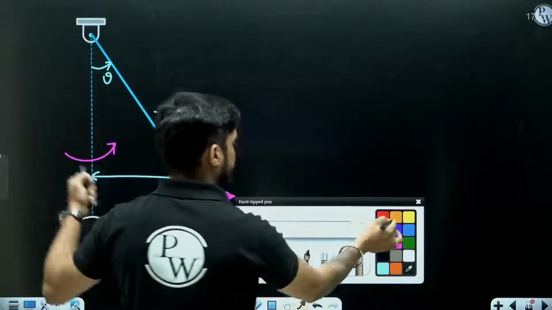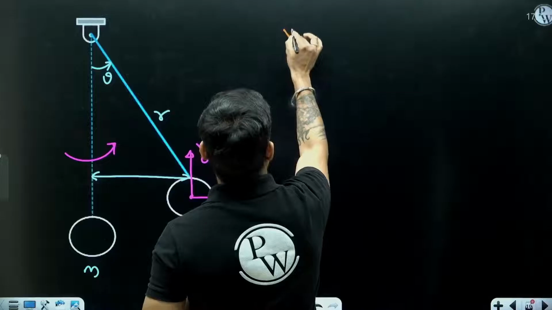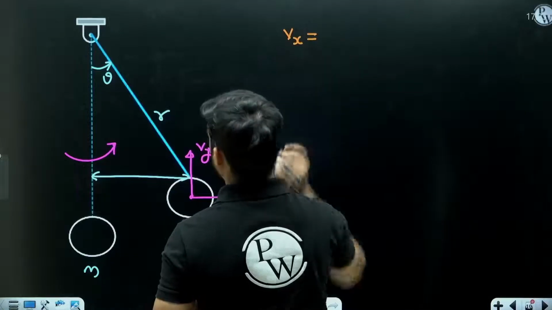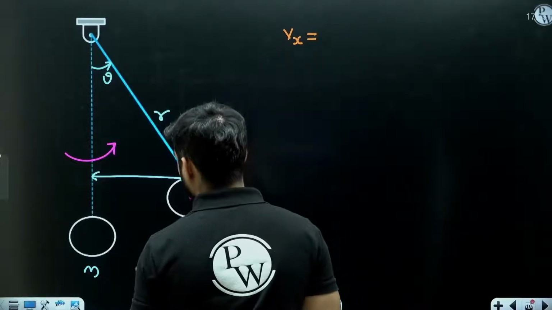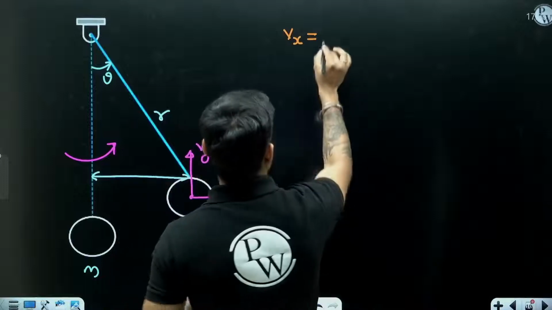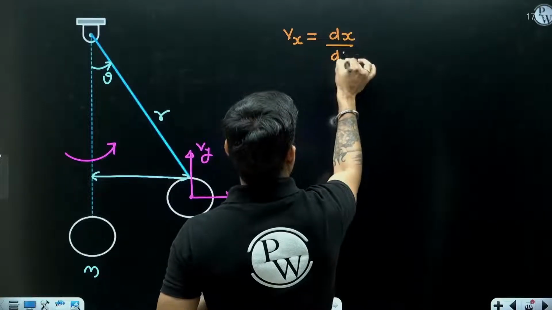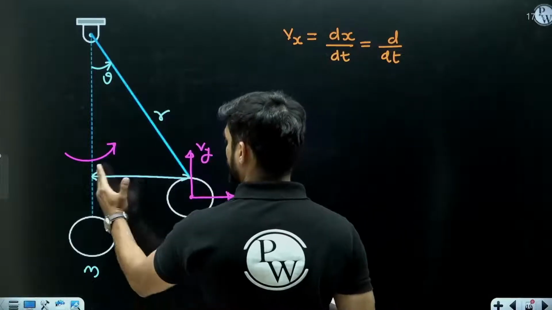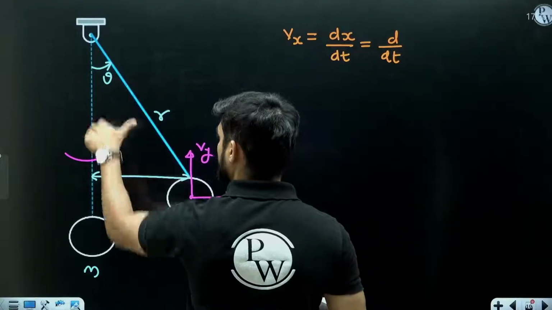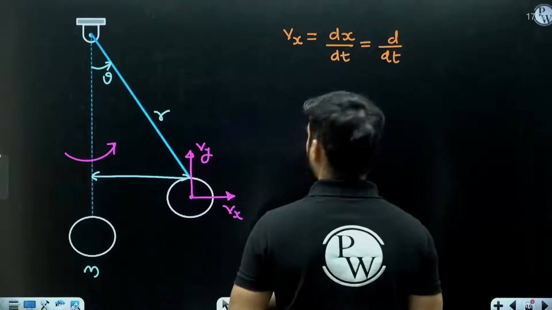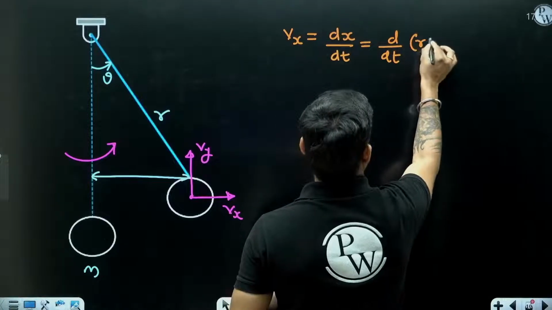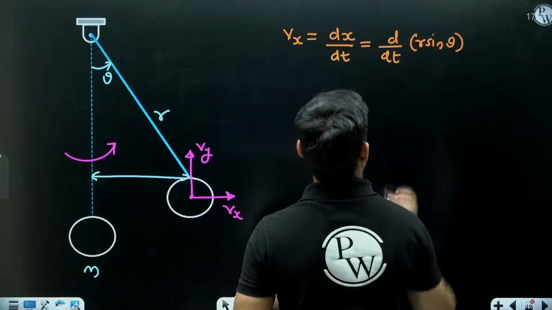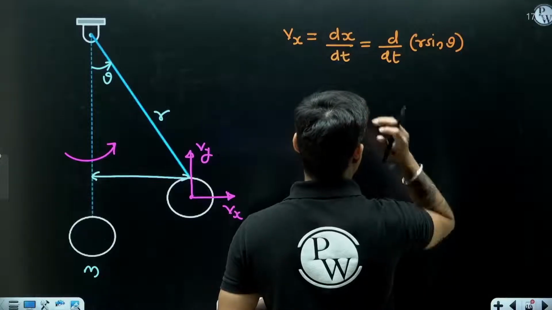So Vx will be equal to dx by dt, and displacement in x will be equal to r cos theta, sorry, r sin theta, right?